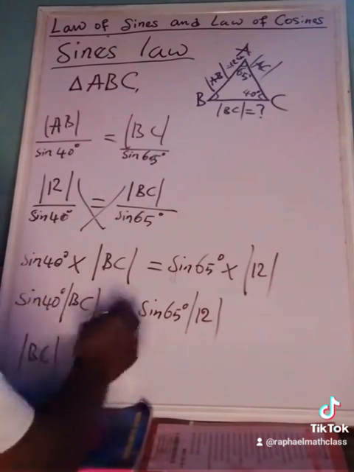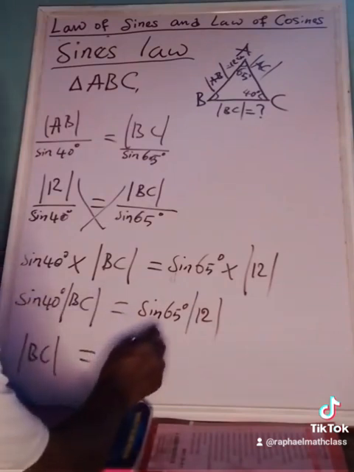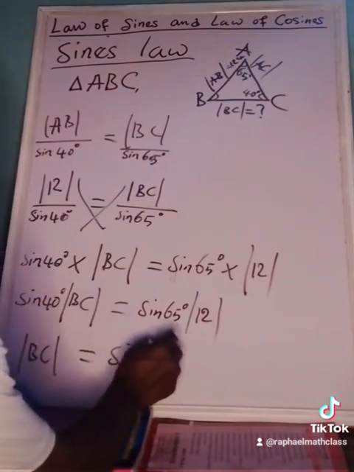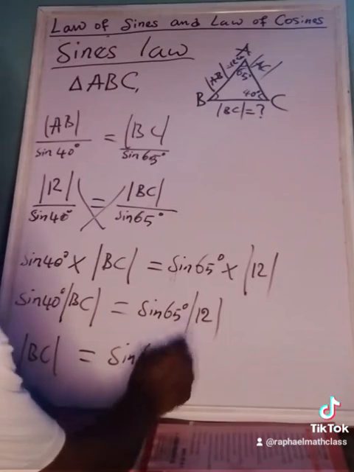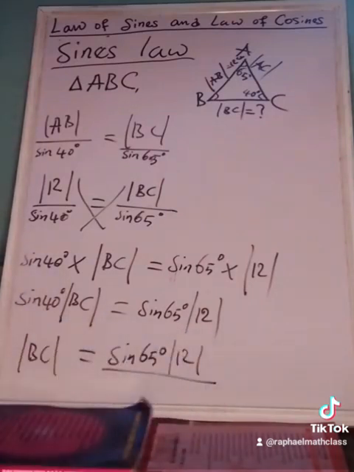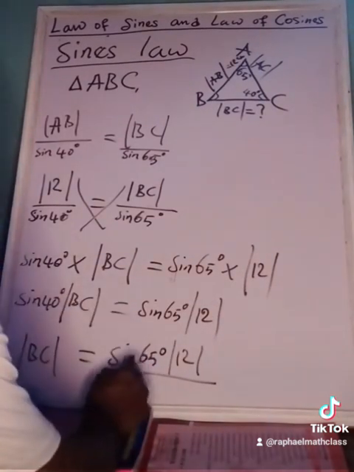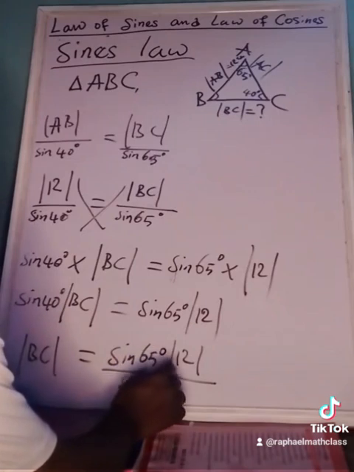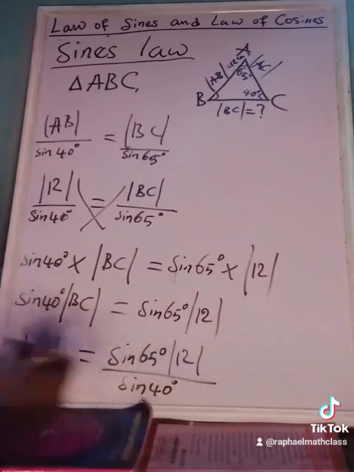We have sine 65 degree multiplied by side 12 centimeter, divided, I told you that sine 40 is a multiplier here. So on the right hand side, it becomes a divisor. So we have sine 40 degrees. All right.